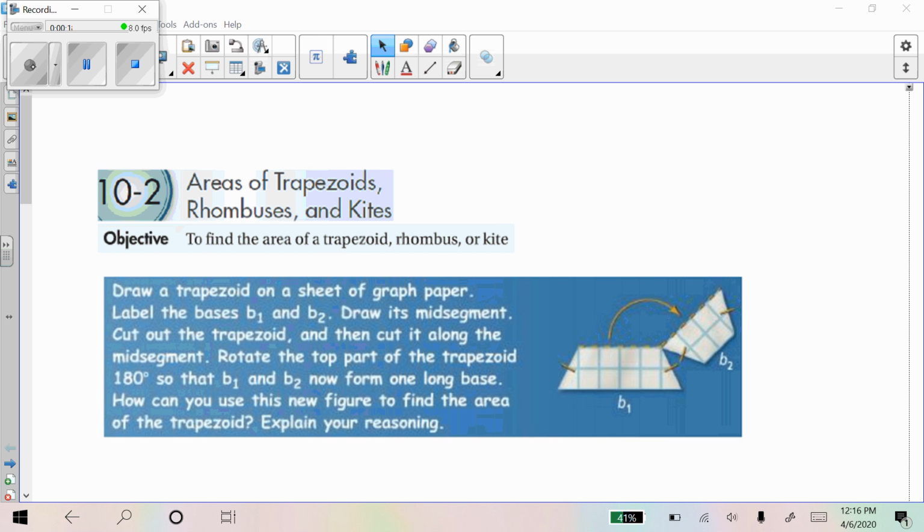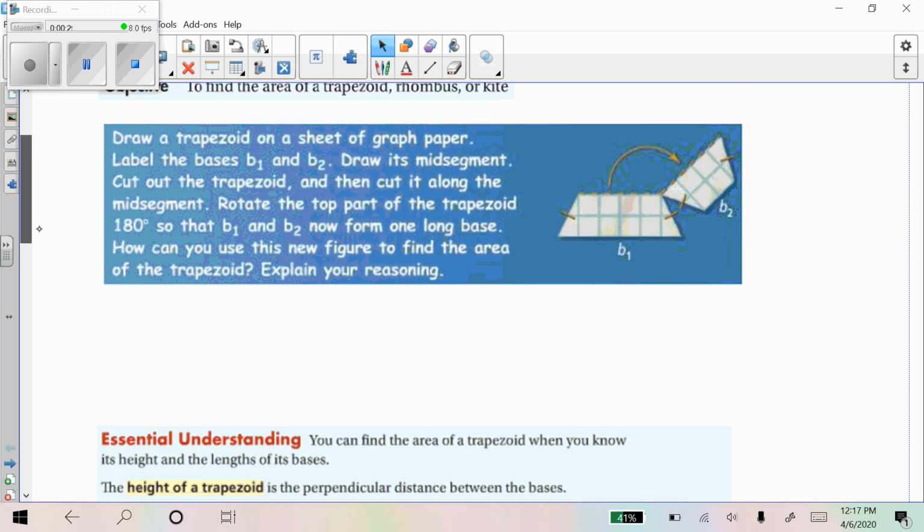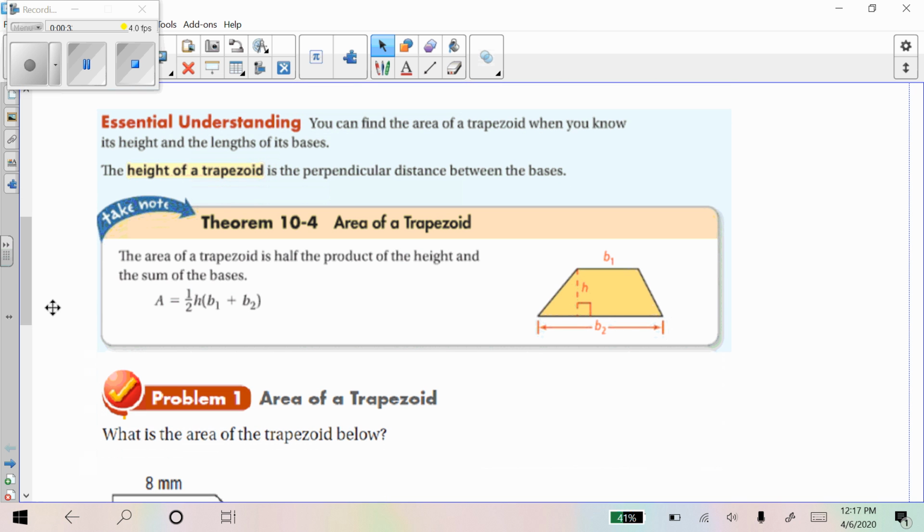To help you understand the formula for a trapezoid, you can look at this little problem here. Basically, if I cut my trapezoid in half like that, and I took the top piece and put it along here, you would end up with one really long parallelogram, and the area of a parallelogram is base times height, but this base is really the two bases added together.